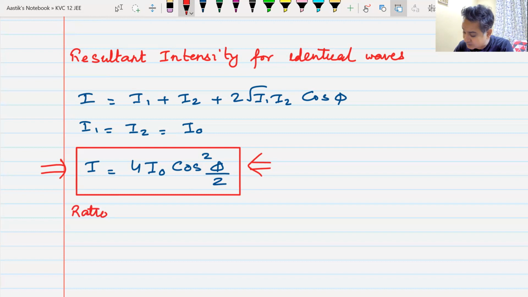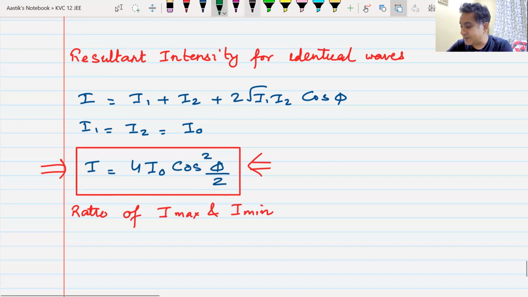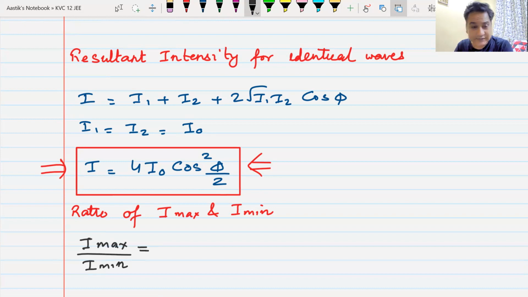Now, sometimes they ask you the ratio of maximum and minimum intensity. So it's time that we note this down. Ratio of I max and I min if the waves are not equal. So how do I get the ratio of I max and I min? I've seen a lot of questions come on this, so please note it down. Right now it may look very simple, but if you can remember it, you should be able to do the question faster than your competitors.